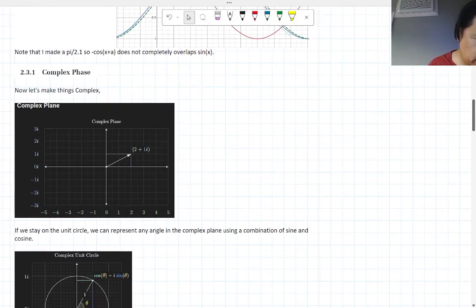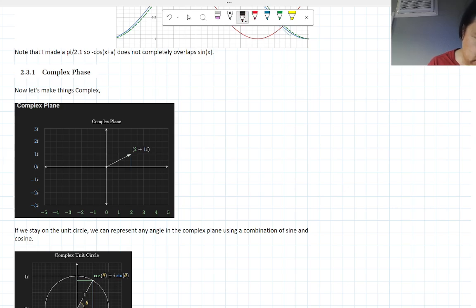Now we're going to complicate things just a little bit more, because we're going to put this in complex notation instead. I don't know if folks see this in their algebra or trigonometry class, but you can represent a number in the real plane, but also in the complex plane.